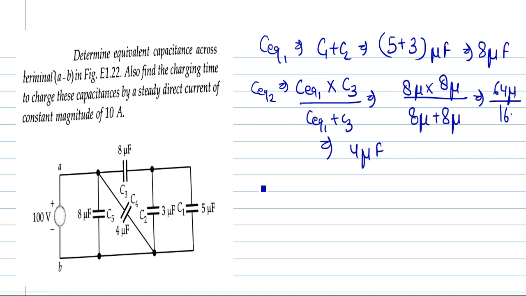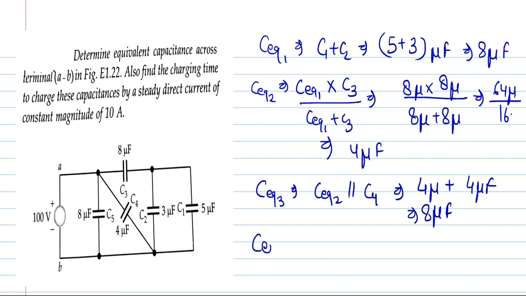Next, we can see this 4 microfarad will come in parallel with C4, which is 4 microfarad. So C equivalent 3 equals 4 microfarad plus 4 microfarad, which gives us 8 microfarad.